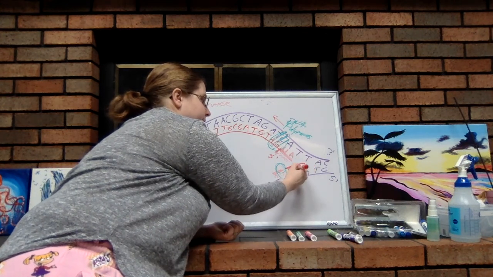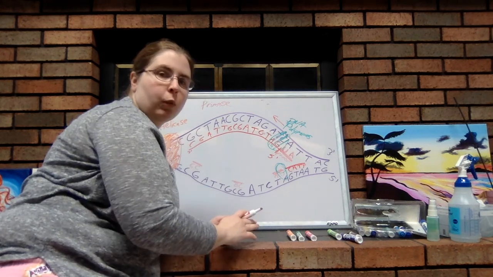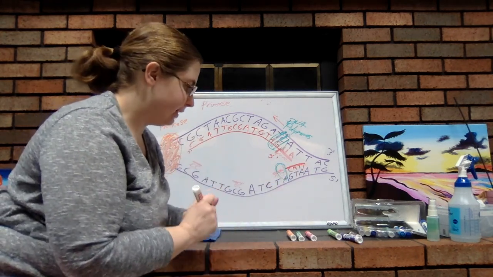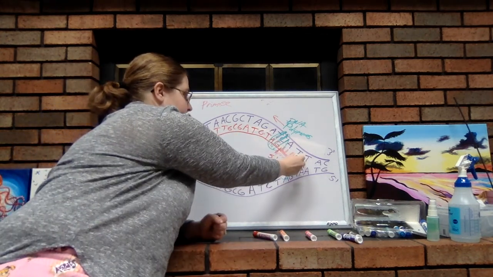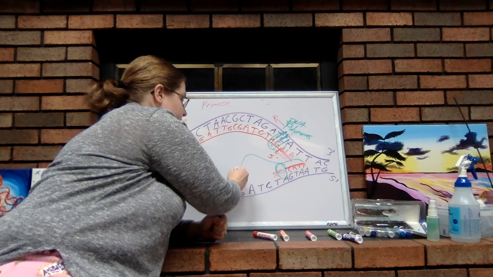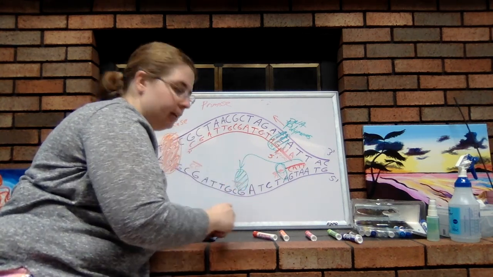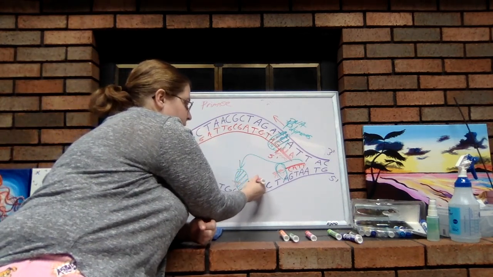So we have C, A, T, T. When it gets to a point that it can no longer build any more bases, it's going to detach from the strand and move all the way to the next primer. And then when it attaches to that primer, it's going to start working backwards again.